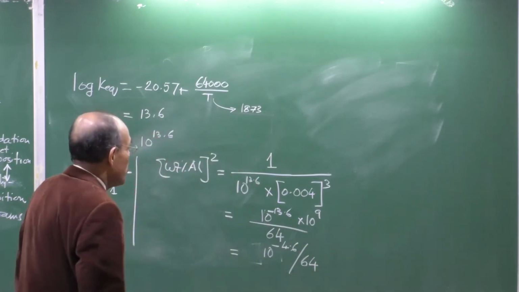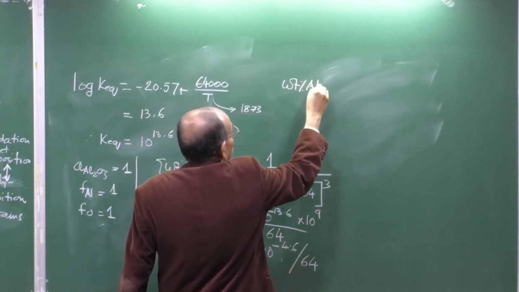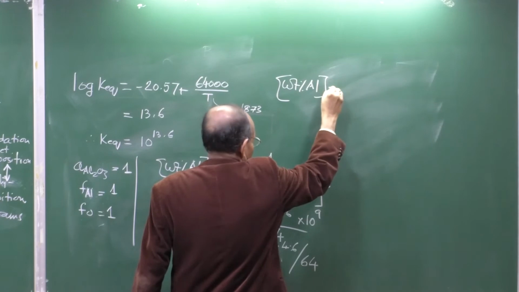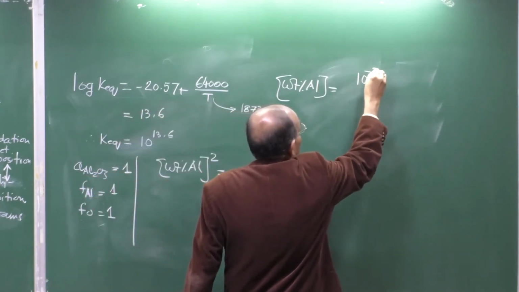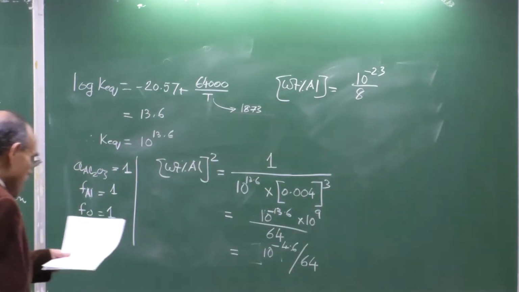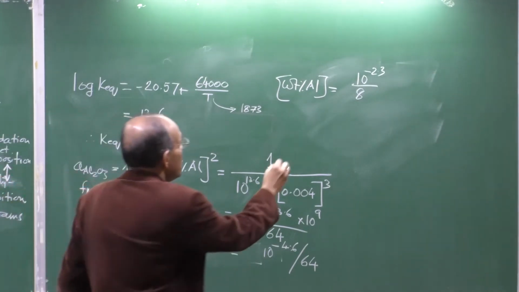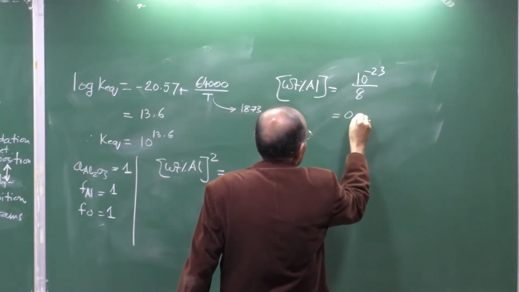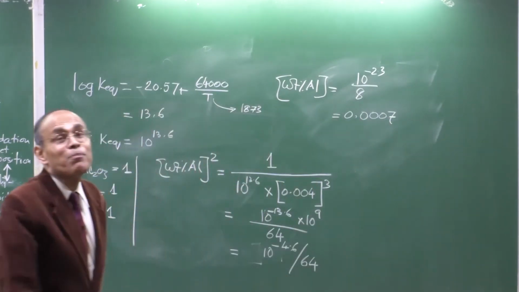Percent aluminum is equal to the square root of this, which is 10 to the power minus 2.3 divided by 8, and this value comes out to be a very small value, about 7 ppm only.